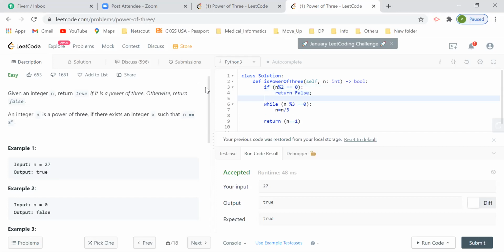So you're removing all the even numbers from it, right? So 3, 9, okay, 3 into 9.